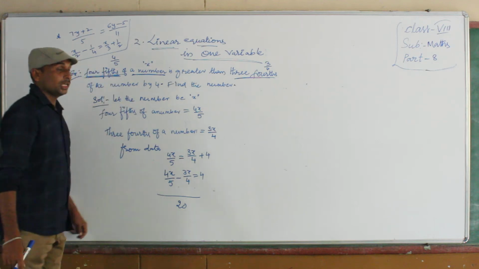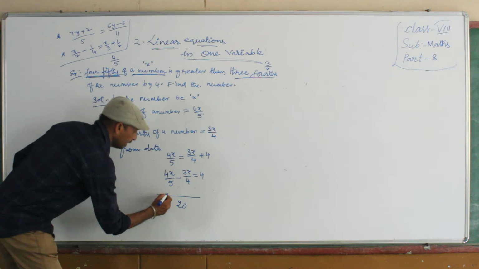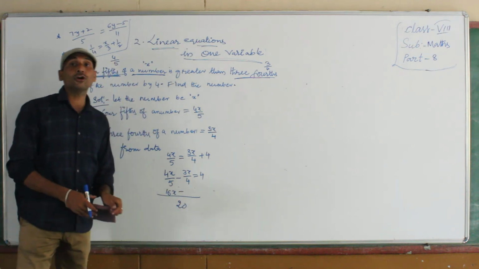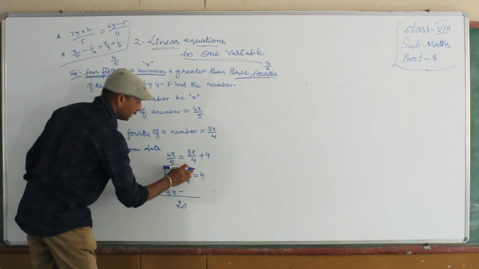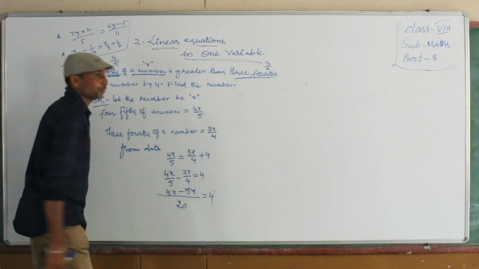With 5, 20 we get 4 times, so 4 fours are 16, that is 16x, minus 5 times 3, 15x, is equal to 4.